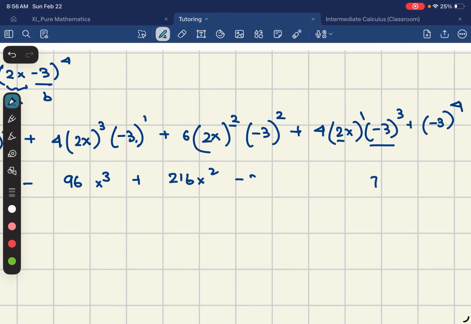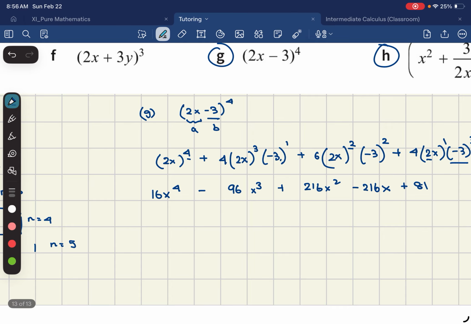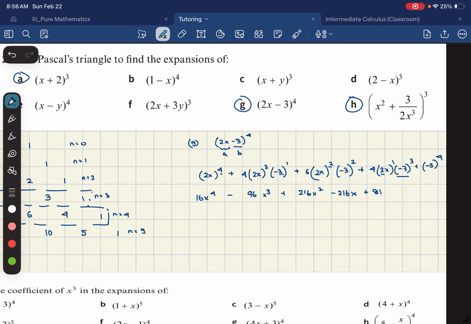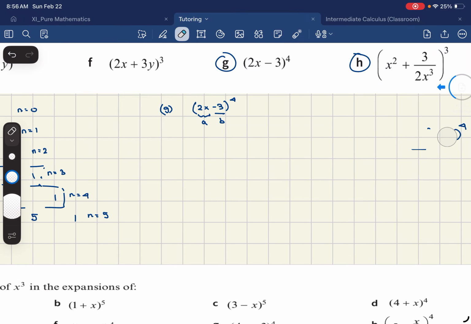So you get minus 216x, because x to the power 1, and finally you have 81. So you have 16x to the power 4 minus 96x cubed plus 216x squared minus 216x plus 81. And that is how you approach all of these questions.